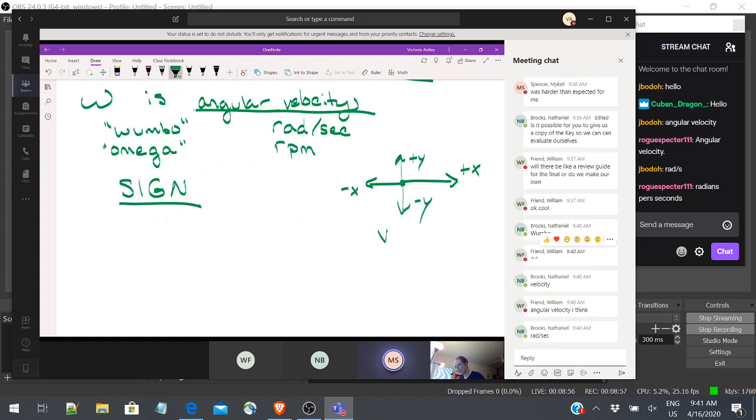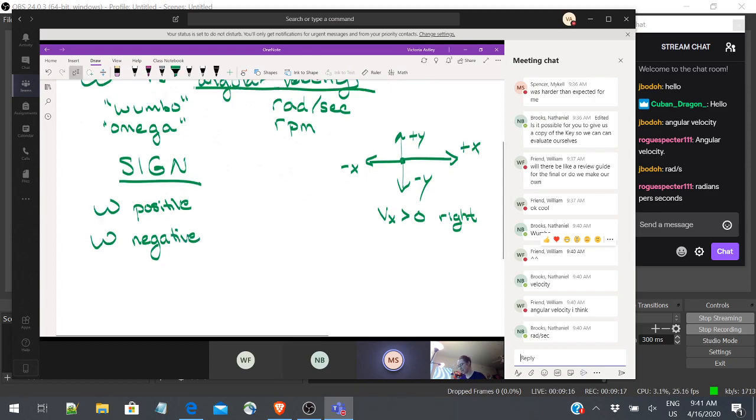If our velocity is positive, that means it's going to the right. If our velocity is negative, it means it's going to the left, right? All this kind of stuff. We have the same thing for omega. Omega is positive or negative. It tells you which way something is turning.